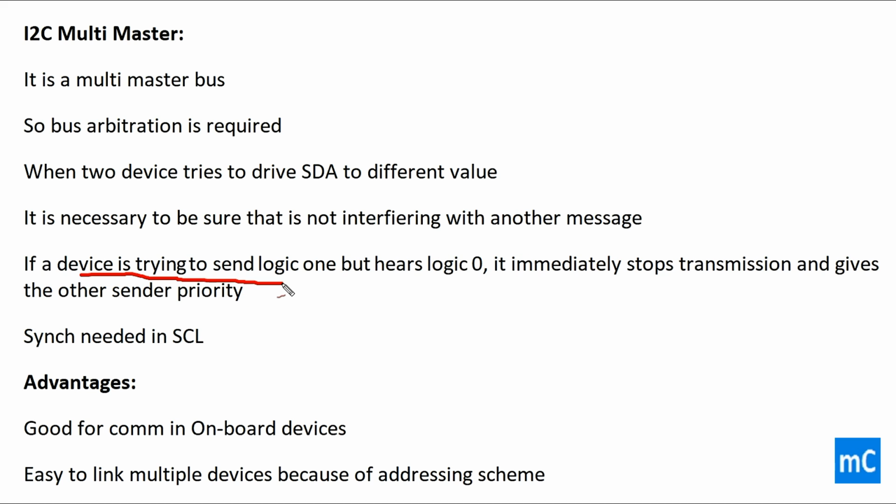If a device is trying to send a logic 1 but hears a 0, it immediately stops transmission and gives the other sender priority. Synchronization of the clock is needed in the case of I2C multi-master, that is arbitration.